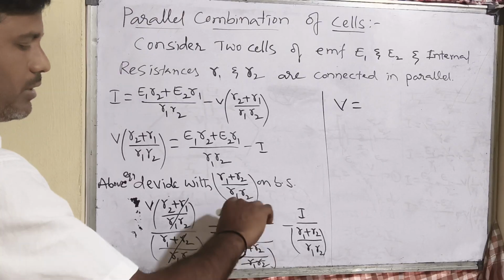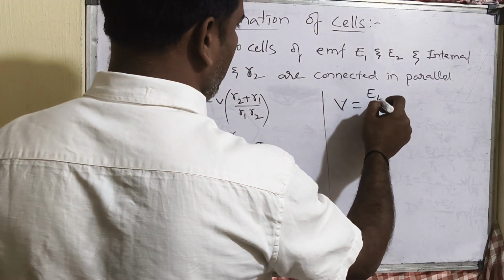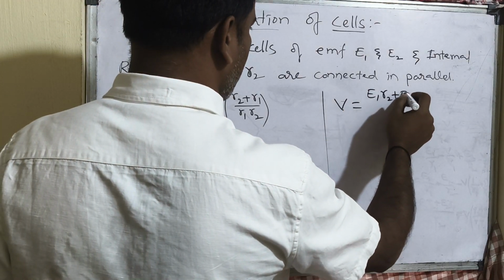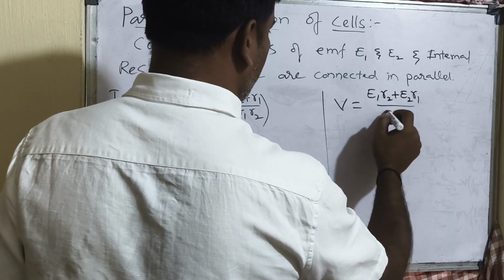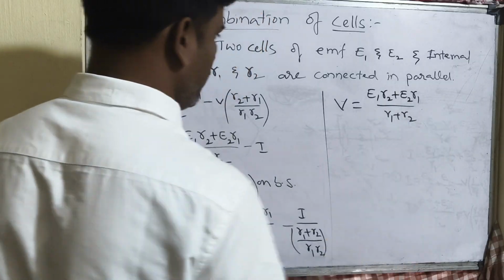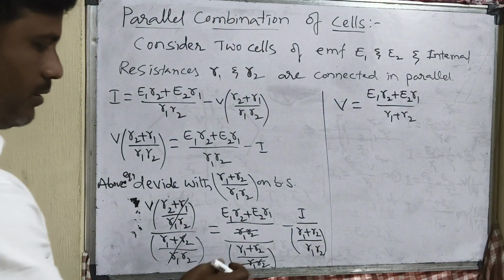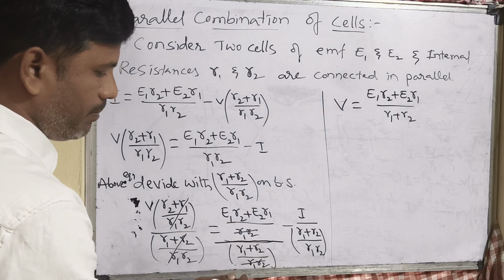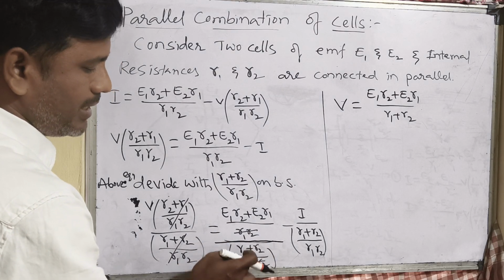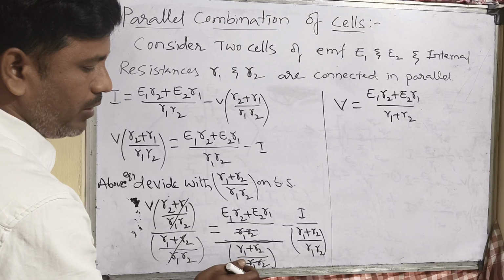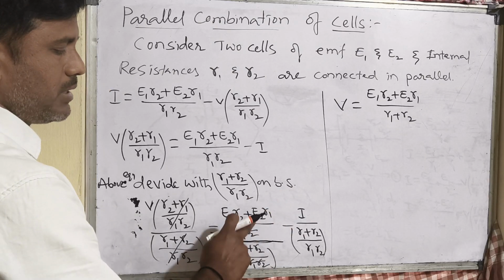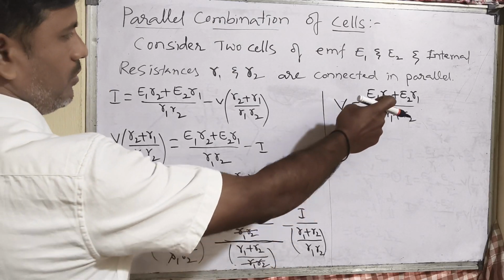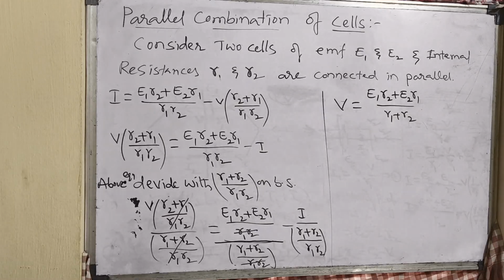So it is 1 by, meaning it will come reversed: E1 R2 plus E2 R1 divided by R1 plus R2. Understood? Here 1 by, so divided by, it is main divided by. These two are cancelled, what happens? This one divided by 1 will come. So reciprocal means 1 by will come: 1 by R1 plus R2, that's it.